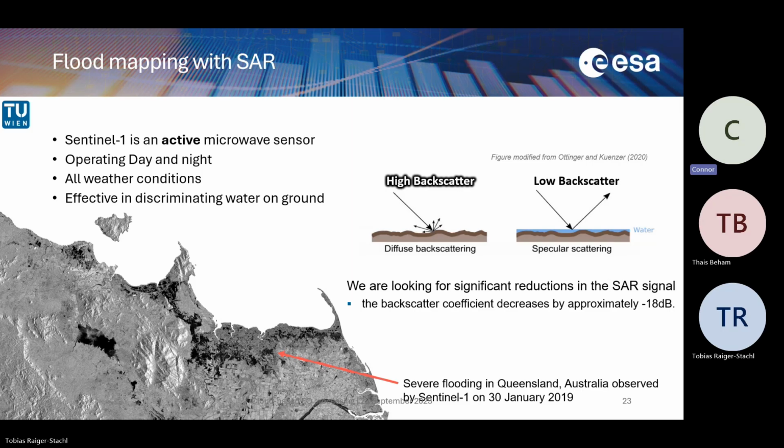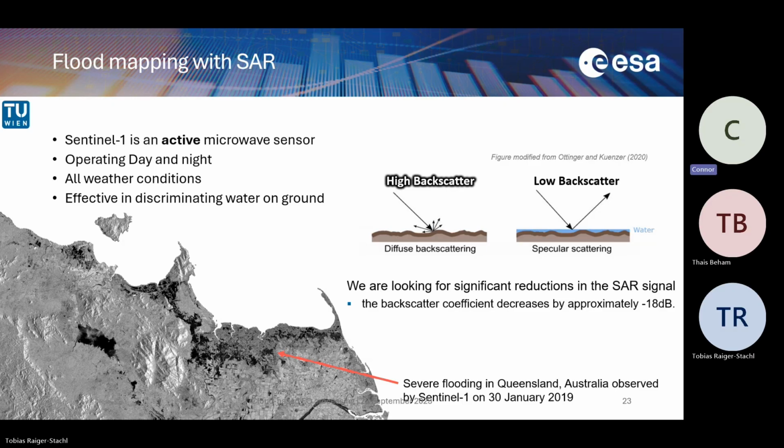That's very important when dealing with flood mapping, because compared to optical systems like Sentinel-2, we have this problem of cloud cover, especially when we have a storm or intense rainfall that causes floods, which of course hinders our visibility. That's why Sentinel-1 becomes really important in these cases.